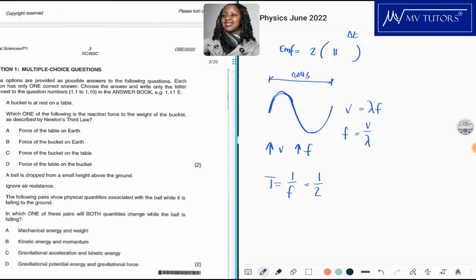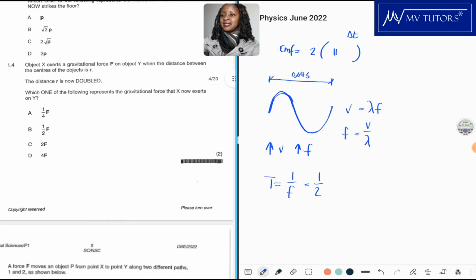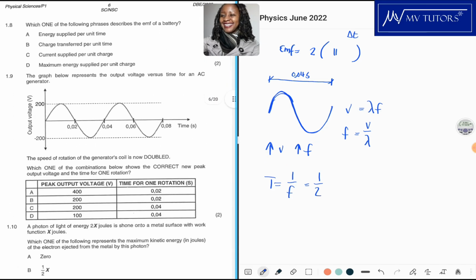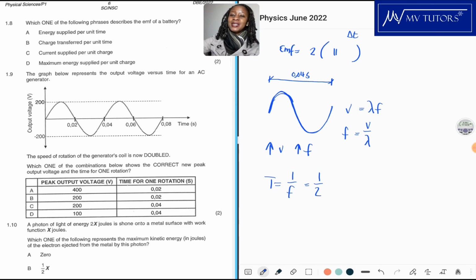And let's see, crossing fingers that that is what the time is. And yeah, that is what the time is. So basically you have reached a new peak, because the EMF was doubled. So now you have 400 volts, and instead of one wave being completed in 0.04 seconds, it will be completed in 0.02 seconds.